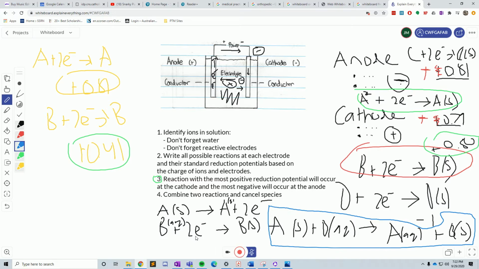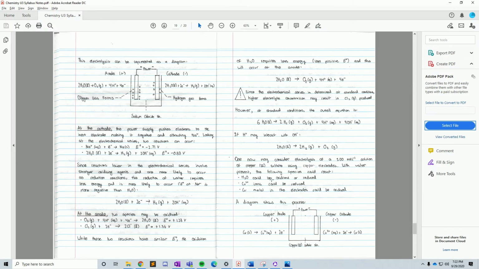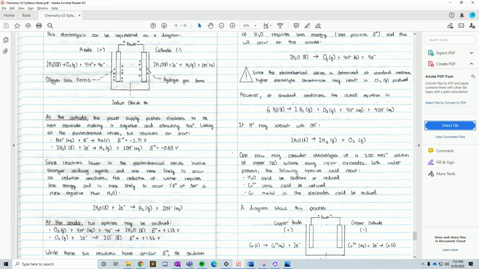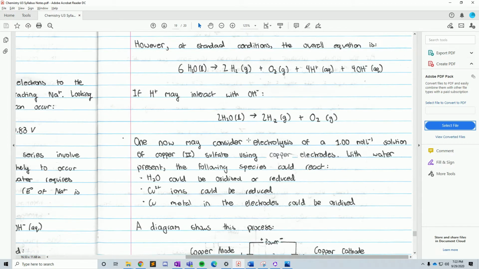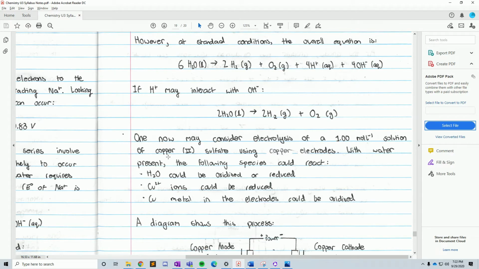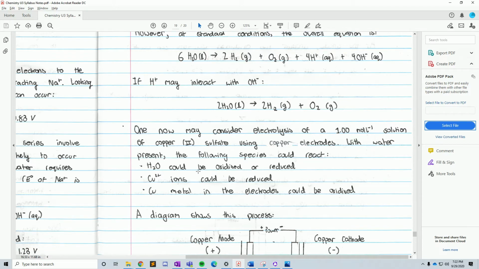Beautiful. So let's do an example, and this is the one prescribed by the syllabus. Okay, we have here the electrolysis. Let me see if I can zoom in. Electrolysis of a 1 molar solution of copper(II) sulfate using copper electrodes with water present. The following species could react in this solution.